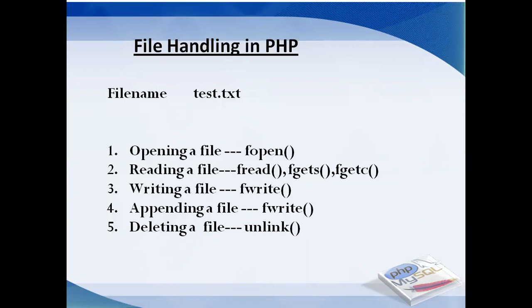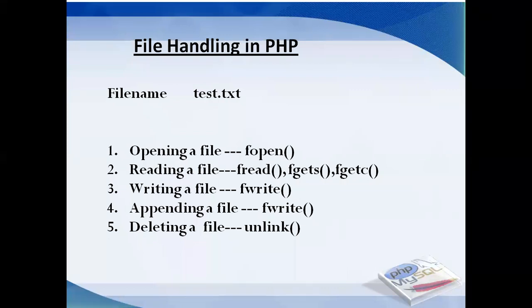What will you do generally? For example, I want to update my resume. What I will do, first I will open that file. After opening that file, I can read that file data. For example, I already have some data available within that file. I can read that data, right?